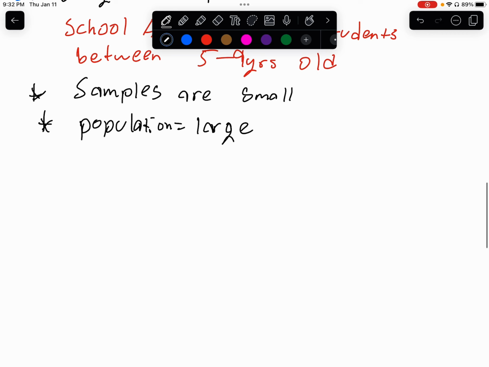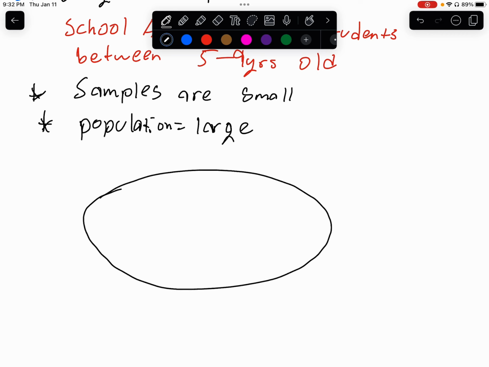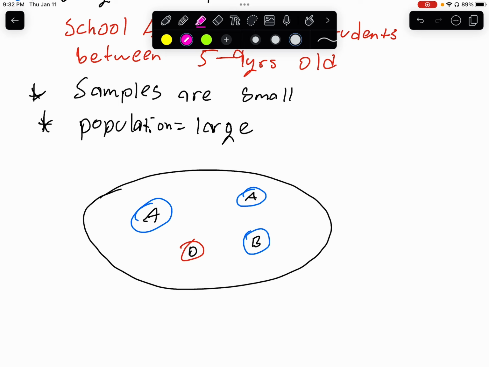Another example of just visualizing it. Let's say I draw a circle over here, and let's say I draw three blue dots, one red dot. I make this A, B, and then D. So everything that's highlighted, everything outside the circles, we can define.